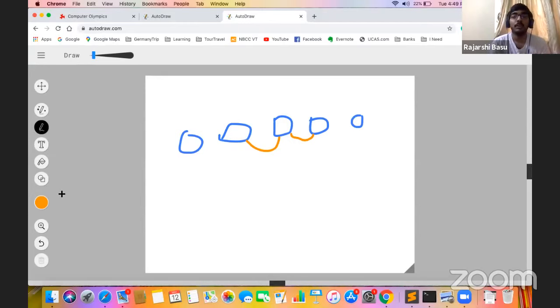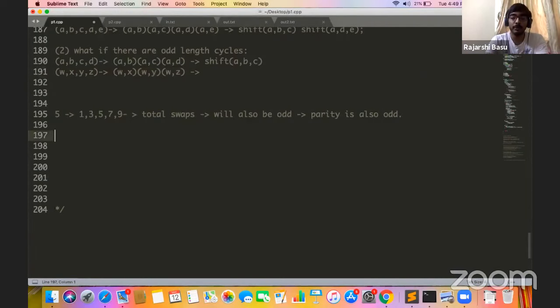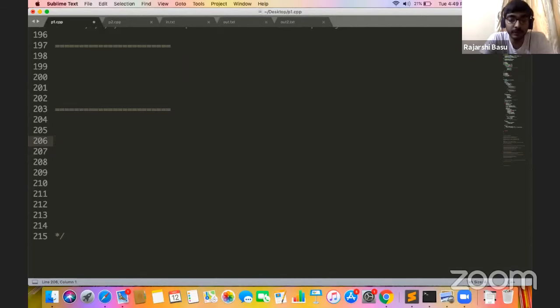Okay, so what is the first observation that we can make? It's that if there are two free swaps, let's say A and B, and B and C, then we can also do the free swap A and C, right?